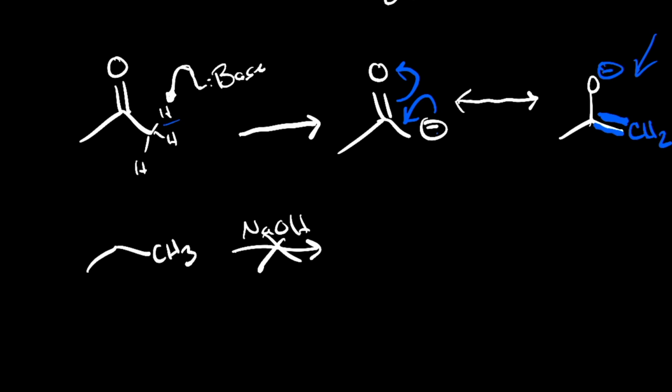There'd be no way for the electrons of sodium hydroxide to go and pull that off. You would end up with something that looked like this, and that is very unhappy to have a negative charge on a carbon with no place to go.